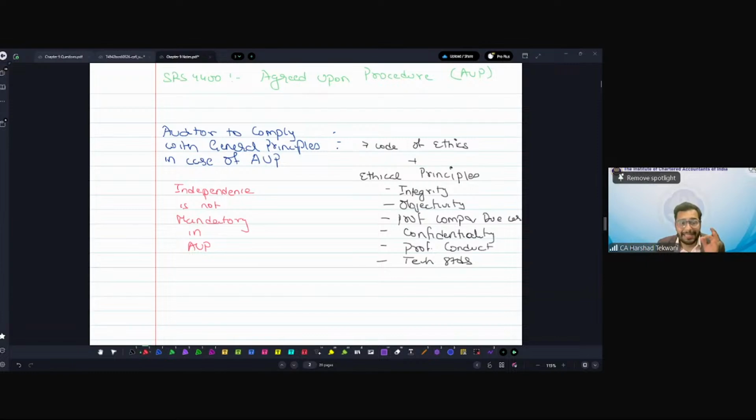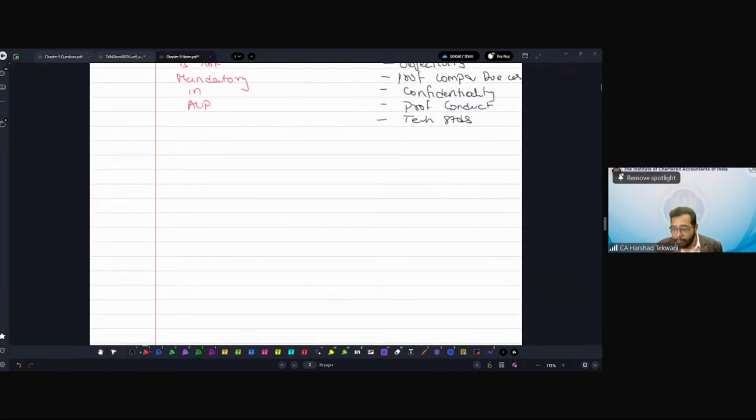Now, as I said, this is an engagement. Again, this is an engagement. So ethical principles were necessary. In the same way, the terms of engagement are also required. So the auditor, or the chartered accountant performing this particular engagement, has to define the terms of engagement. Okay.